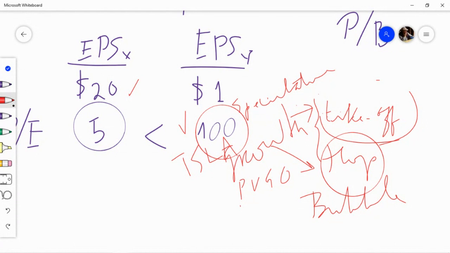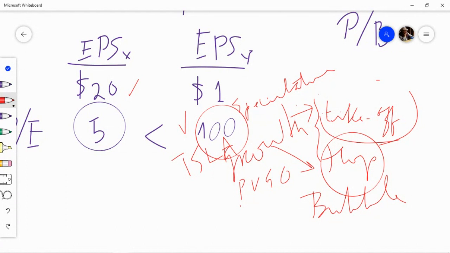Like even until Tesla started out, say like 2012, 2014, they didn't have any profit. You might wonder, even until like 2016, they didn't sell any cars?